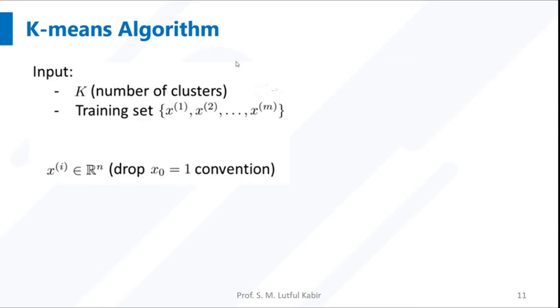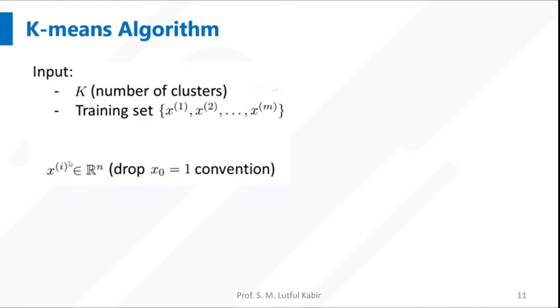So let us now see in algorithmic form how to write the algorithm for k-means. First of all, the input is the number of clusters. You have to decide how many clusters you will make out of this data, and this number you have to choose following certain rules. We will discuss that later. And then you have the input of training sets. Only the x are given, only the data points are given, and no label is provided, no y value is there.